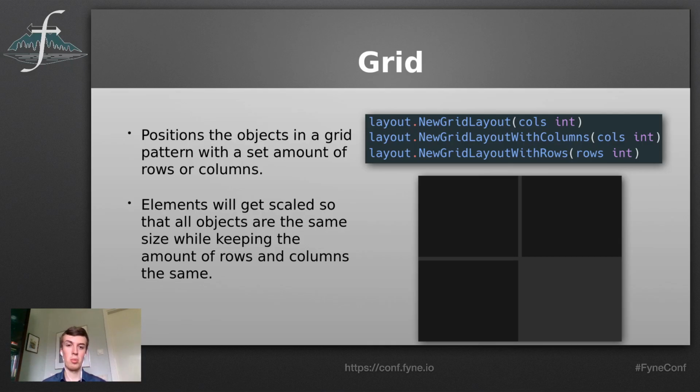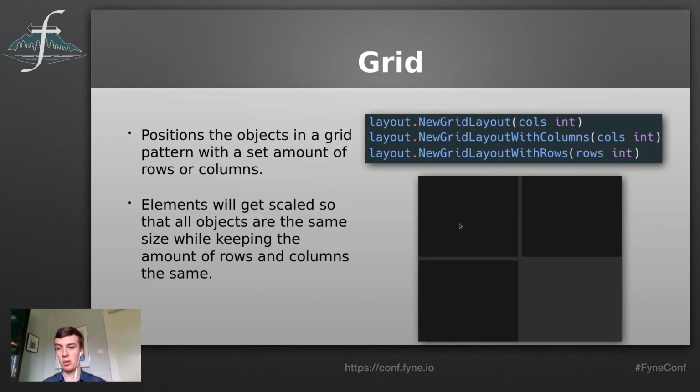If you, for example, use the layout constructor here with the new grid layout with columns, and you set that to 2 columns, it's always going to have 2 columns as long as you pass enough canvas objects to populate more than 1 column.